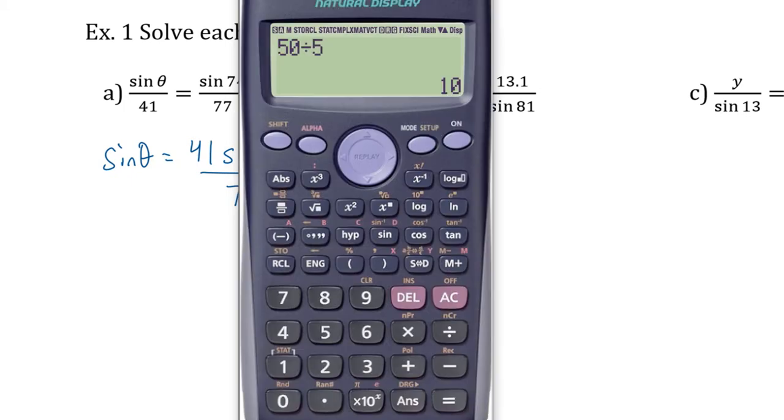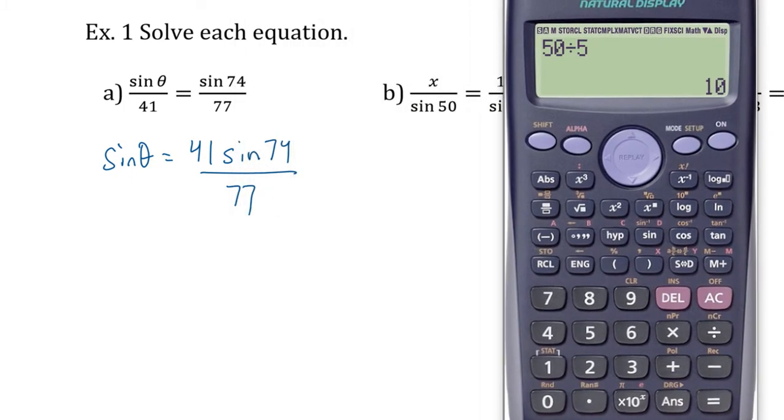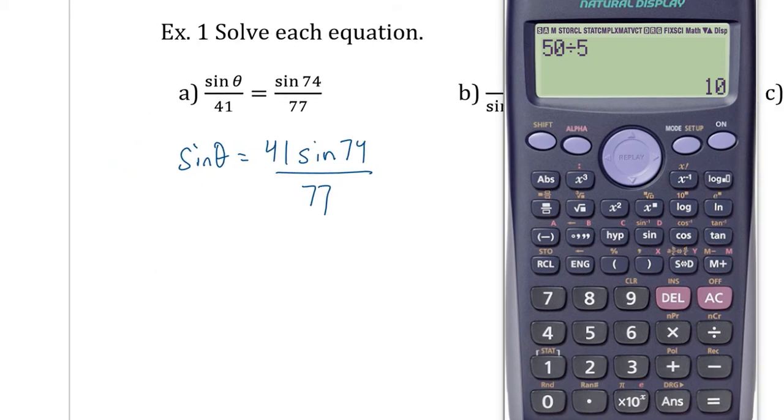And if you get one like this, it makes it a lot easier specifically for cosine, which we're going to do tomorrow. Now, I'm just going to make a note of this, shift sine, right?